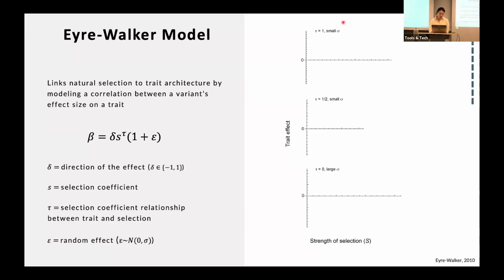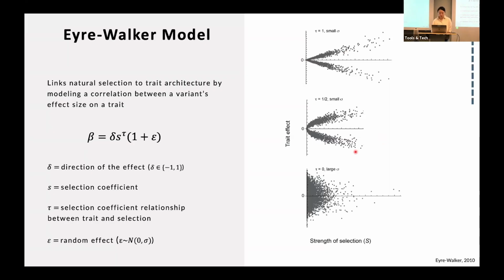So let's first look at tau of 1 and tau of 0.5. What we see here is that as the strength of selection increases, so does the trait effect of the mutation. And it doesn't matter what sort of effect it has, whether it's a trait decreasing effect or a trait increasing effect. So it's creating this V or U-shaped pattern.